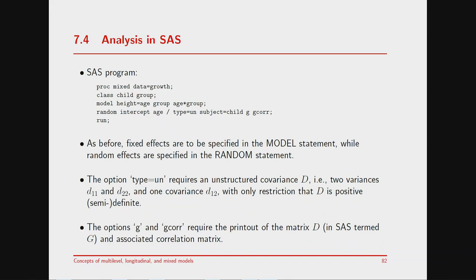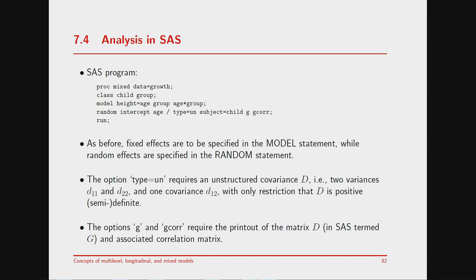So you can play around with this, depending on what model you want to fit and what assumptions you want to make. Okay, so all we need to do is add the age effect in the random statement. We still have to tell the software what the clusters are, so that remains the same.